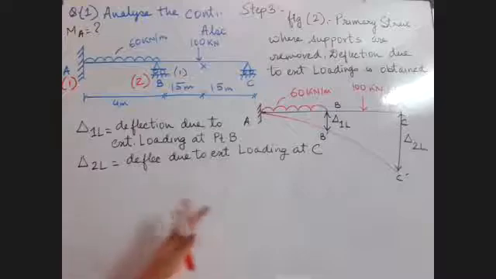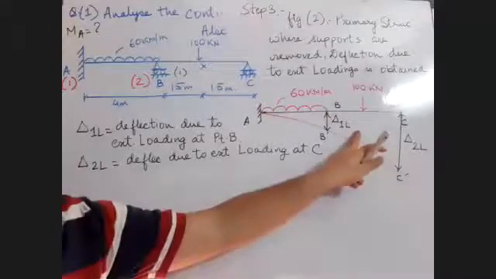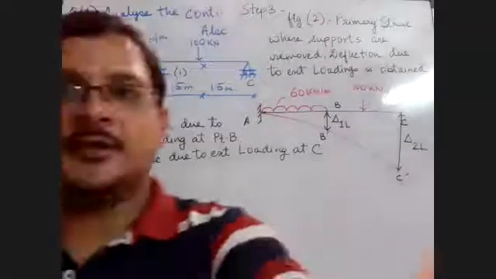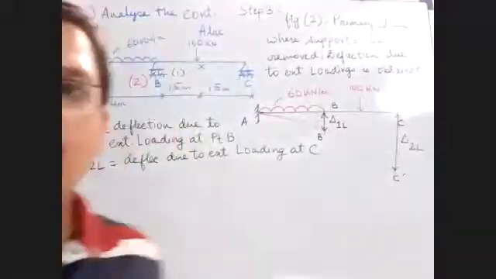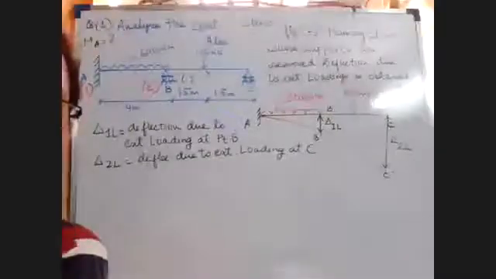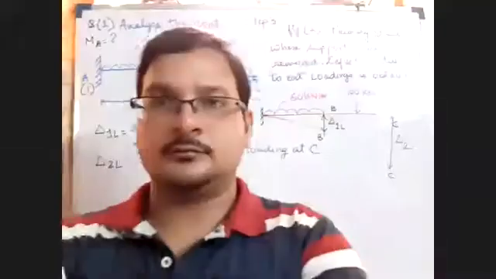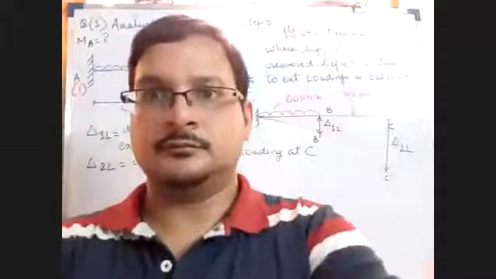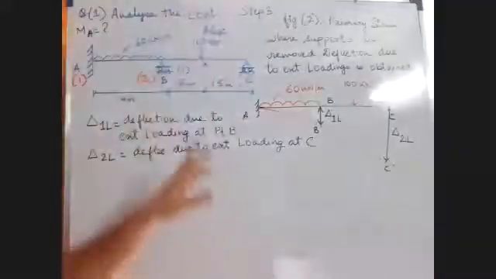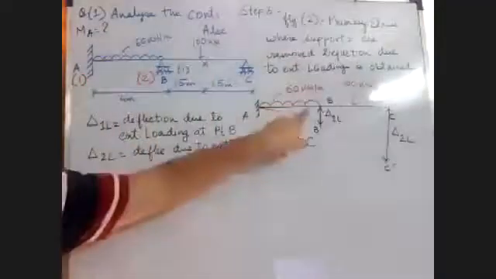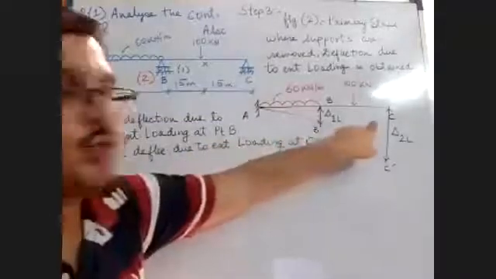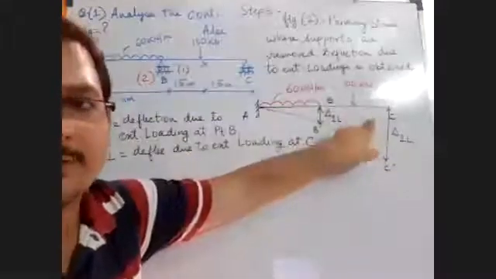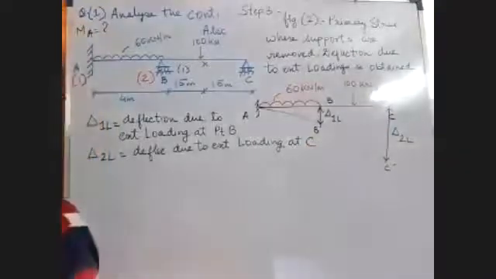So delta 1L, we will use all these values while solving the final matrix equation. Delta 1L is the deflection at this point B due to external loading, and delta 2L is the displacement at this position due to external loading.